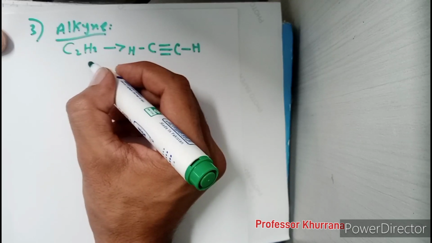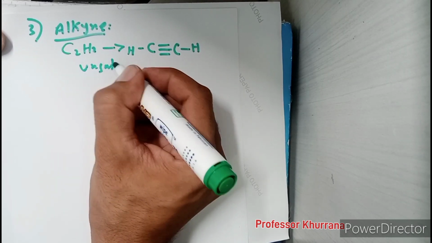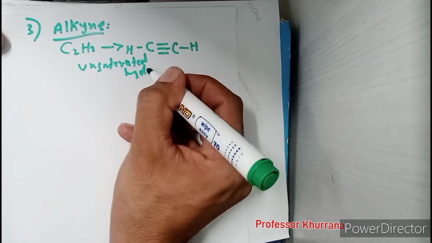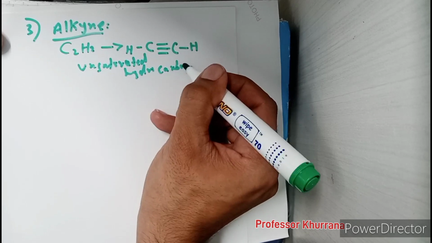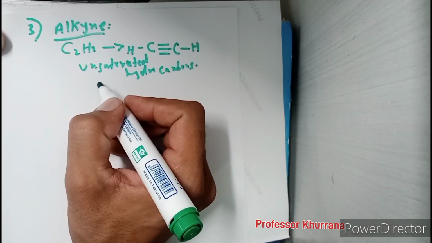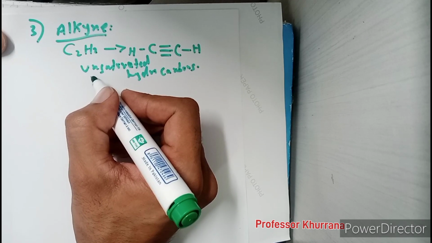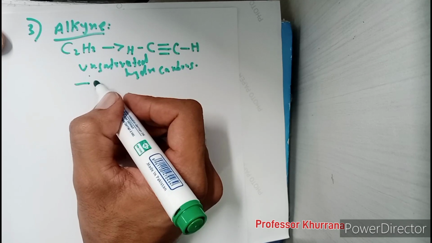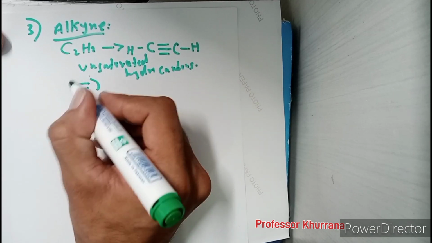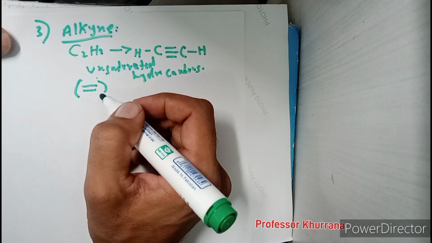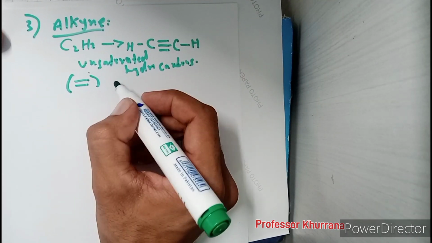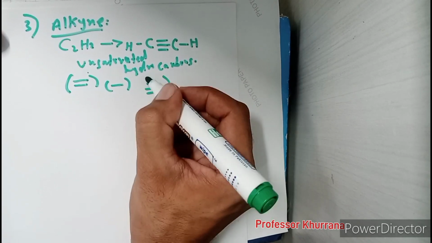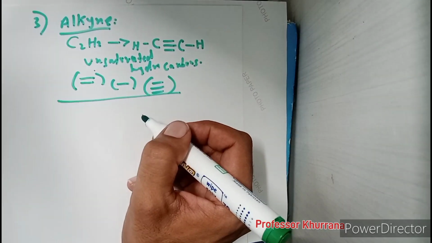And alkynes are also unsaturated hydrocarbons. So note that in alkane we studied single bonds, in alkene we studied double bonds, and in alkyne we studied triple bonds.